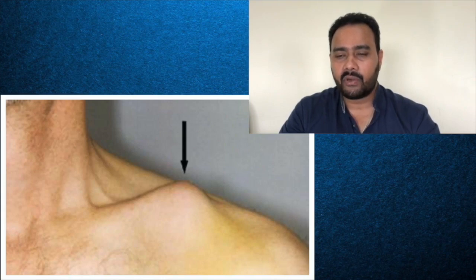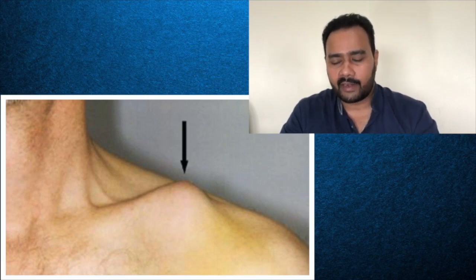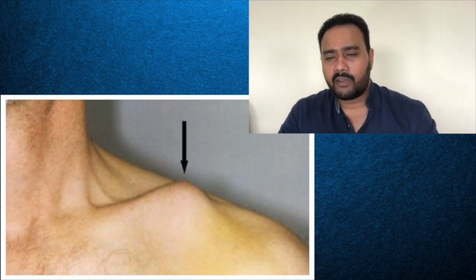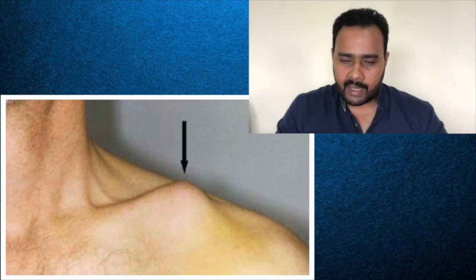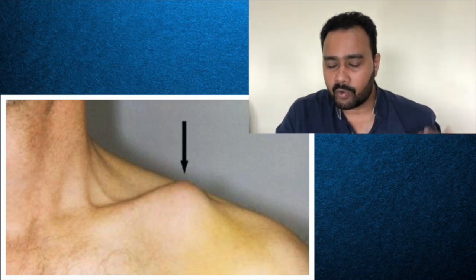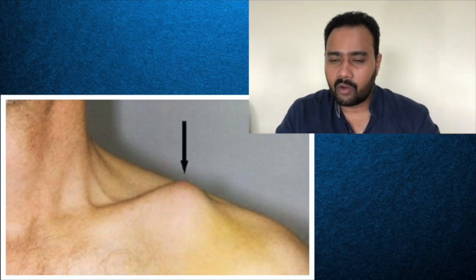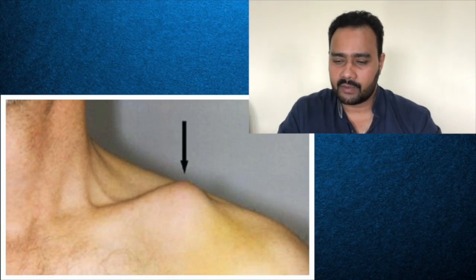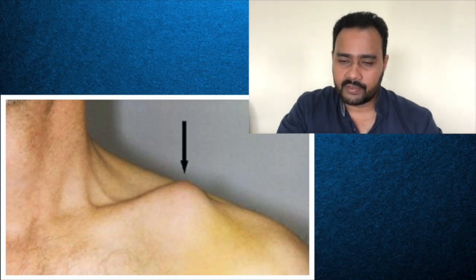He has fallen onto the ground with an outstretched hand, and he is complaining of pain around the shoulder region, and whenever we examine him, he has a small lump near the shoulder. So we need to know what this is.